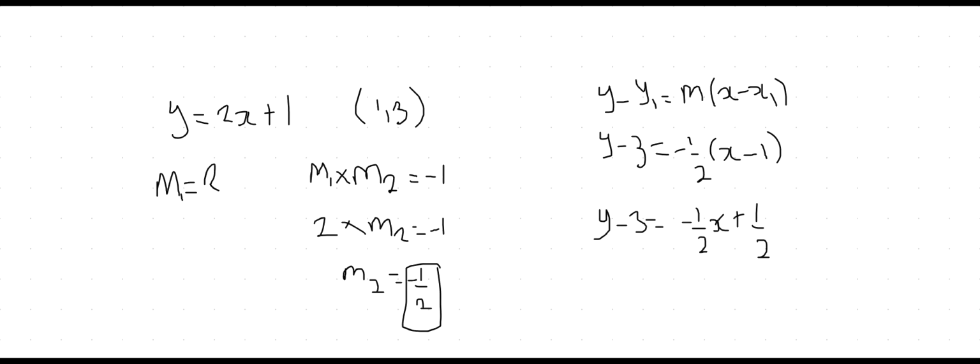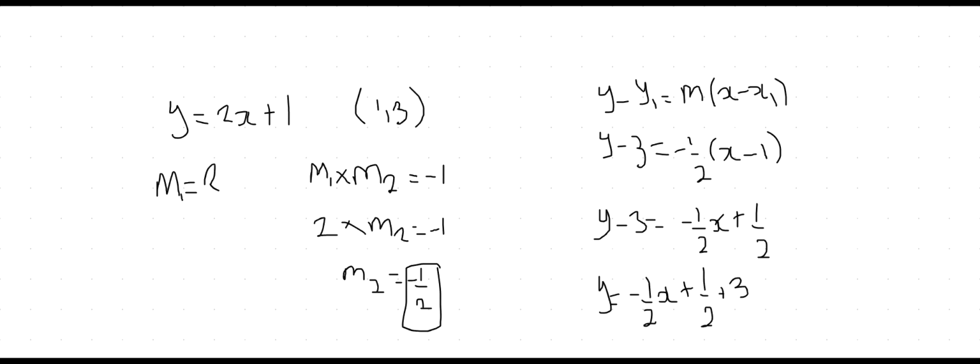So we have y is equal to -1 over 2x plus 1 over 2 plus 3. 1 over 2 plus 3 is simply, let's see, should be 7 over 2 in my mathematics.